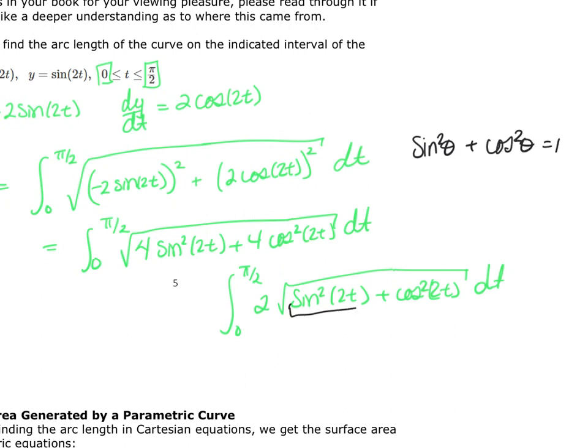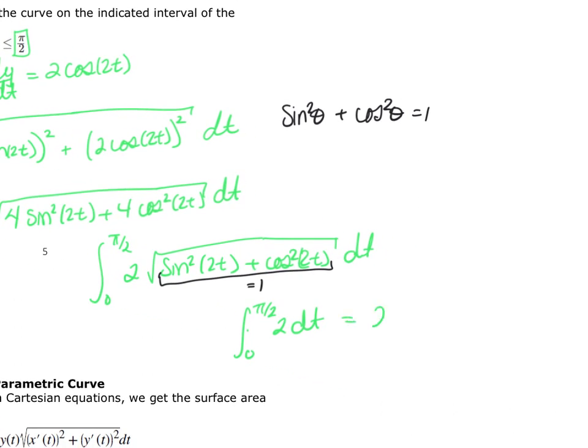That means this lovely expression, which looked like it would have been nasty to integrate, is just 1. And so I have the integral from 0 to pi over 2 of 2 dt, which is just equal to 2t evaluated from 0 to pi over 2, which just gives me pi.